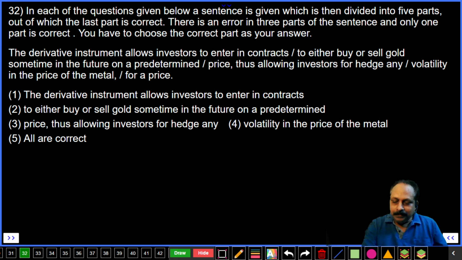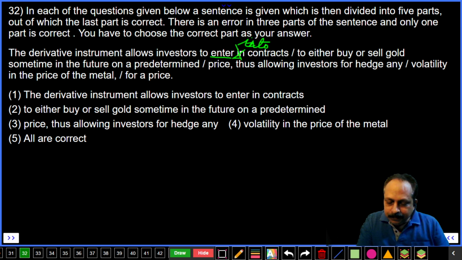The next one: the derivative instrument allows investors to enter, which takes a preposition, into. Enter in contracts is not correct. Enter into contracts. The derivative instrument allows investors to enter into contracts to either buy or sell gold sometime in the future on a predetermined, on, I don't think it is correct.